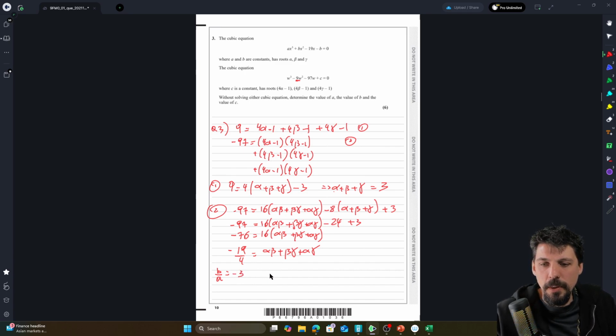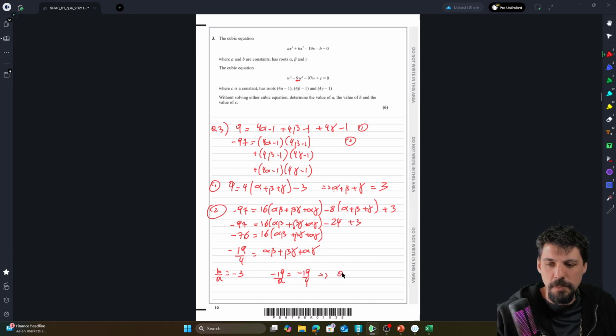And we know that minus 19 over A is equal to the sum of the double products, is minus 19 over 4. So that tells me that A is equal to 4, and it tells me that B is negative 12. Now, that's all well and good, but we also need C.